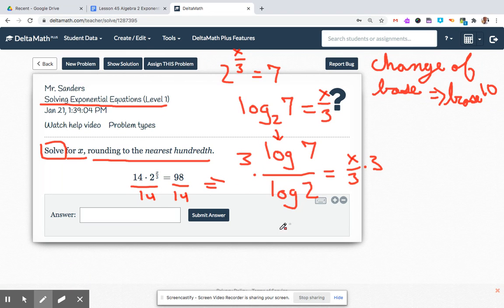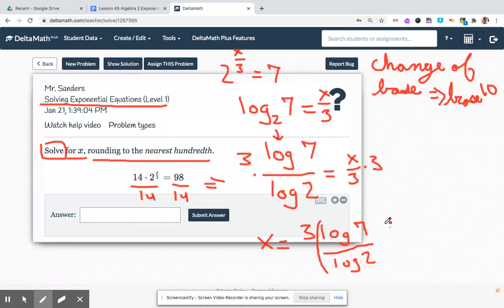So this is what I'm typing in on my calculator. X is equal to 3 log 7 over log 2. All right. So this is how I would do it on my calculator.